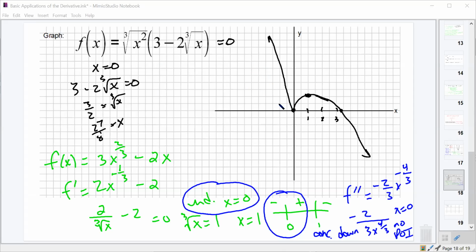The next option is a vertical tangent line, which we cannot have because we have a local minimum at x equals 0. And so if we have a local minimum, there's no way for that to be a vertical tangent line also. And then the last option would be a discontinuity, but we know there's not a discontinuity there because if we plug in x equals 0, we get 0. Does that make sense?